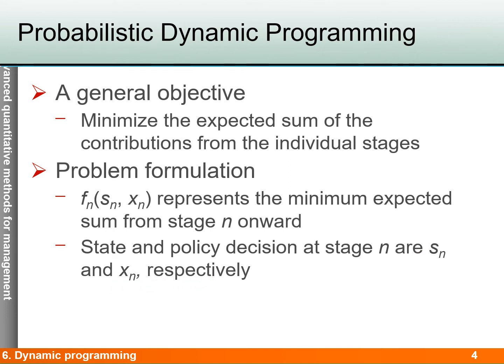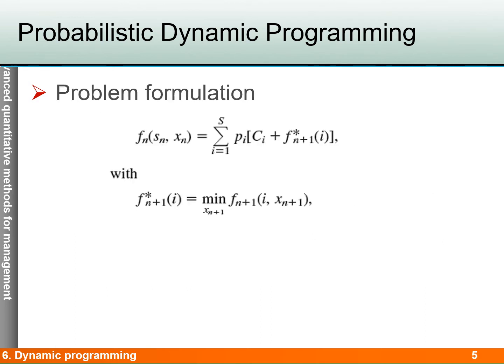Up to here, all the items are like the deterministic part, with one difference, which we'll see in the next slide. Many items are the same items that we learned before. The only thing that differs here is this probability.